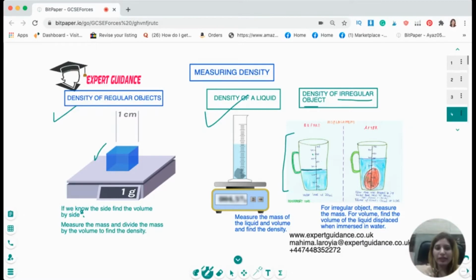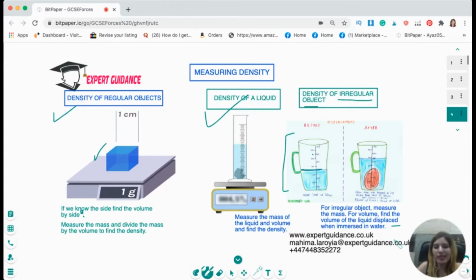Then we put the object in the beaker and see how much the liquid has gone up. That is how much liquid that particular irregular object has displaced, and we take that as equivalent to the volume of the object. So for an irregular object, we measure the mass, and for the volume, we find the volume of the liquid displaced when immersed in water, and then we do mass over volume.